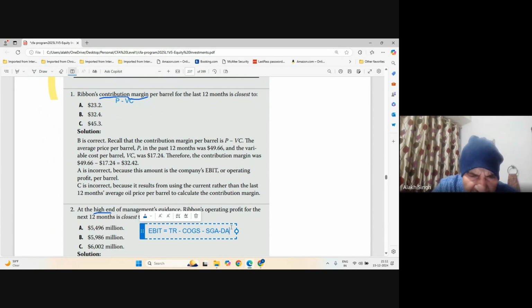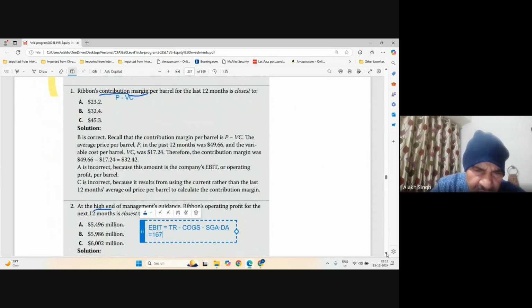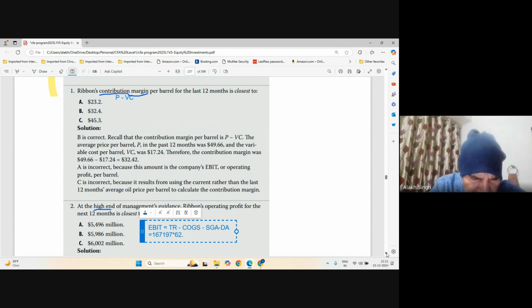So let's see how much will be the total revenue, which is equal to 167, 197, and price is 62.50. That is the volume. So that will be the total revenue.